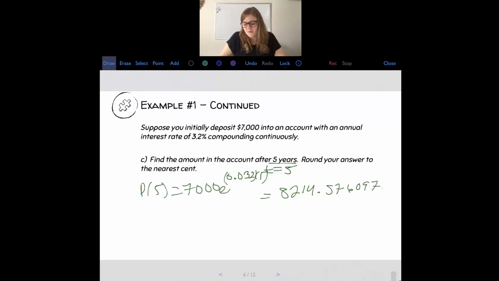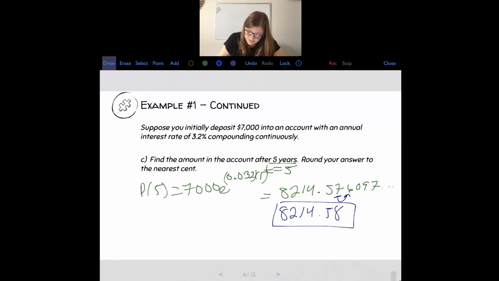Remember that a cent is 1/100th of a dollar, so when you're rounding to the nearest cent, you're rounding to the hundredths place. Think of it like if you go to McDonald's and your total is $4.38: it's point, and then it's got 2 numbers after the decimal. We look next door, the number next to it is 5 or greater. So after 5 years in this particular account, we would have $8,214.58.